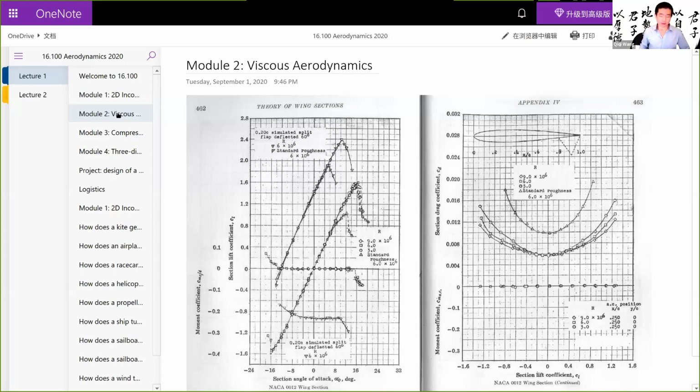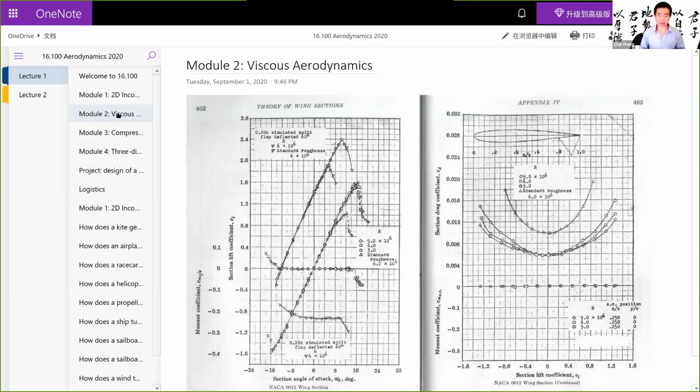But even then, we're going to be missing a bunch of effects. We're going to explain the lift and the pressure distribution about an airfoil pretty well using inviscid aerodynamics. But we are not going to be capturing how much drag we have on the airplane.